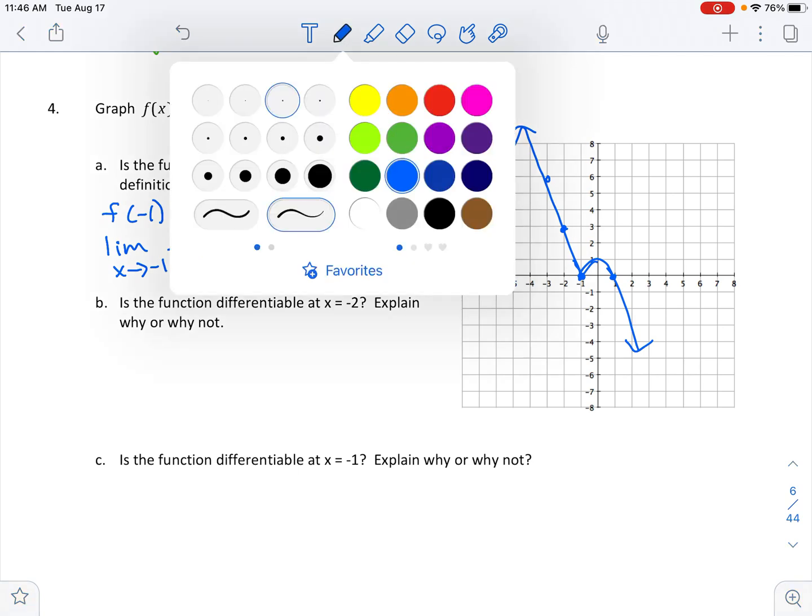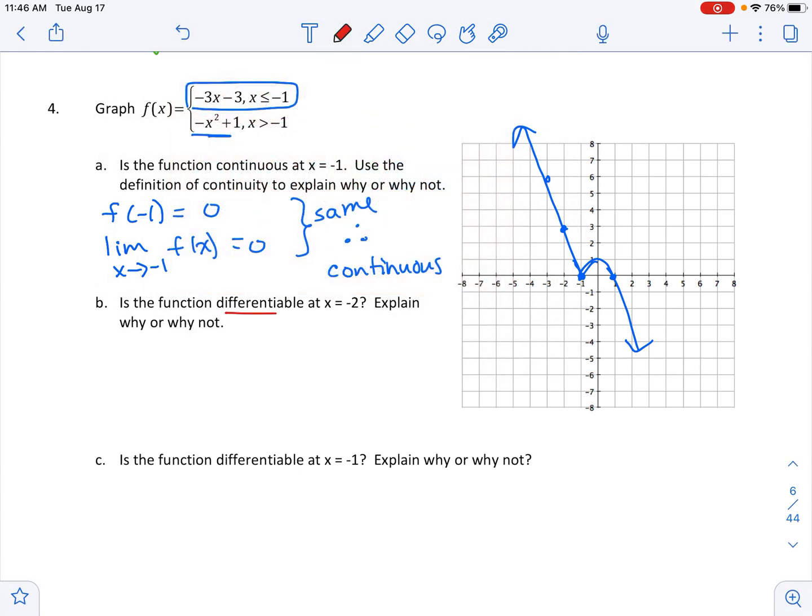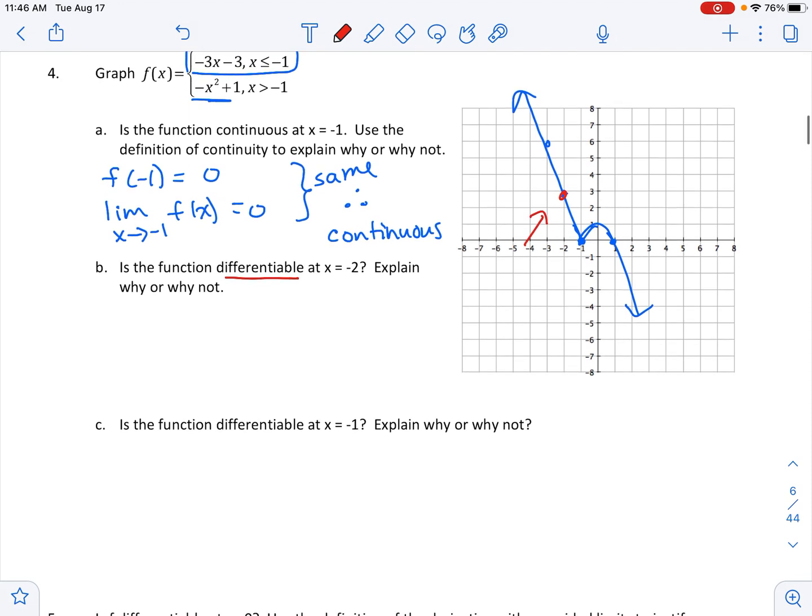Okay, the next question asks about now differentiability. So I want to know, is this differentiable at x equals -2, which is right here? Okay. So I can tell it is differentiable because there is a slope that exists there. That's all that means. But now we want to be able to explain it analytically. So remember we talked about we need to use that limit definition.